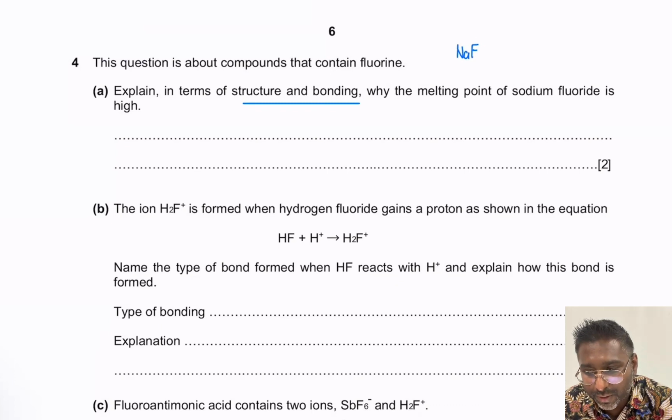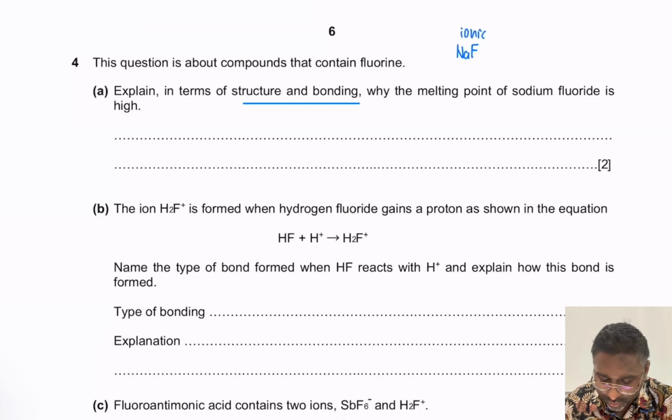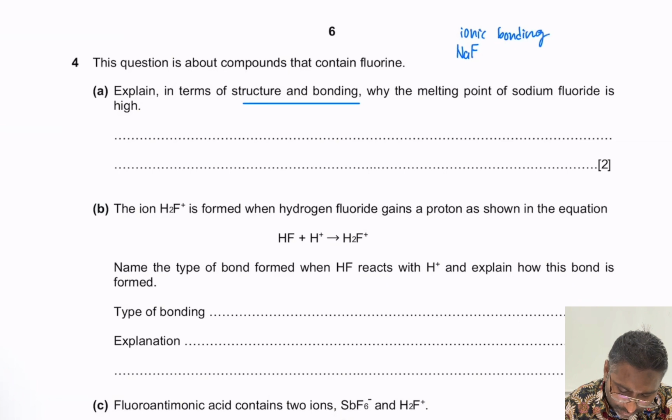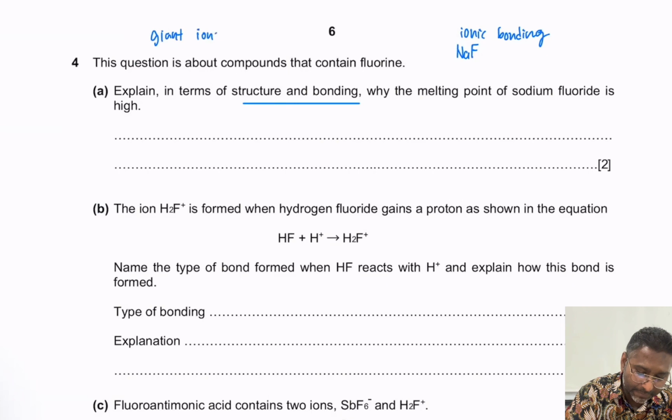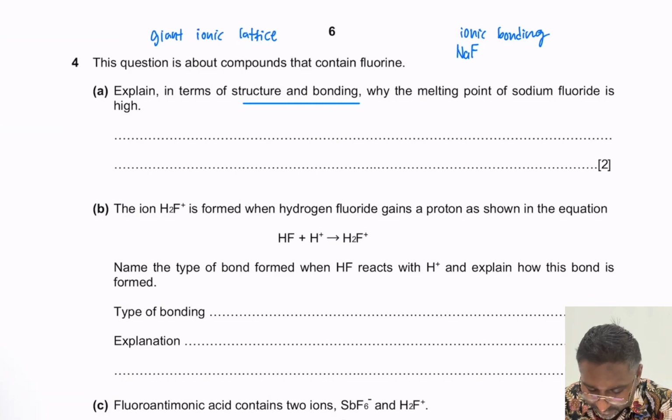This is sodium fluoride. Sodium is metal, F is non-metal, so this is going to be ionic bonding. So your answer must have a combination of this ionic bonding and the structure. Do remember, anything related to ionic bonding must have a giant ionic lattice. These two important things must be there.